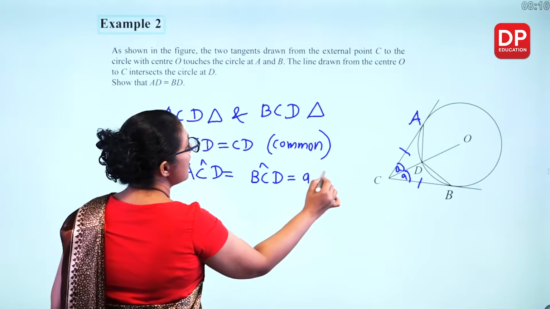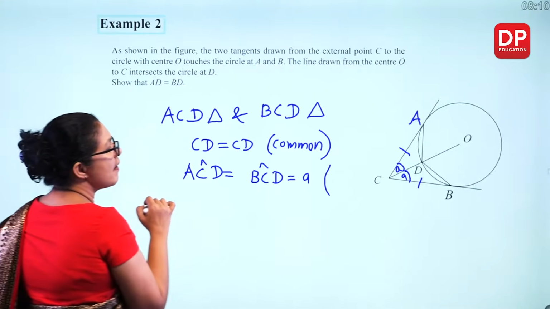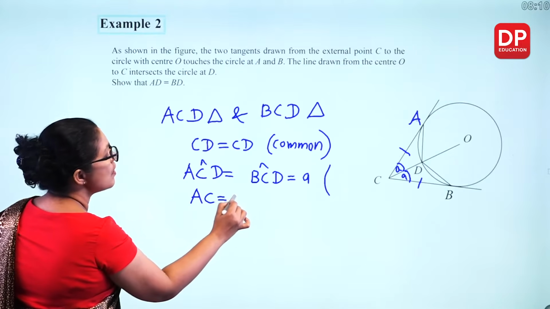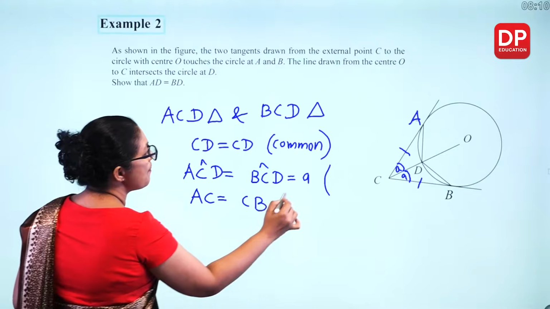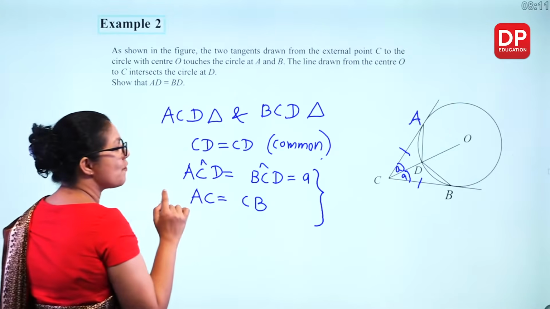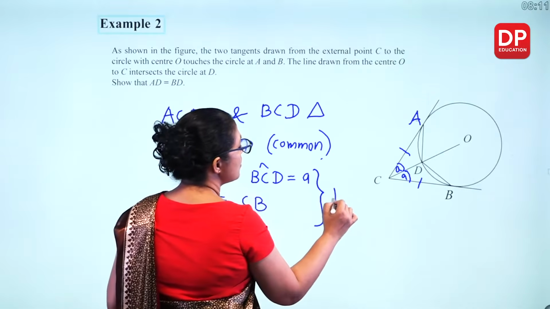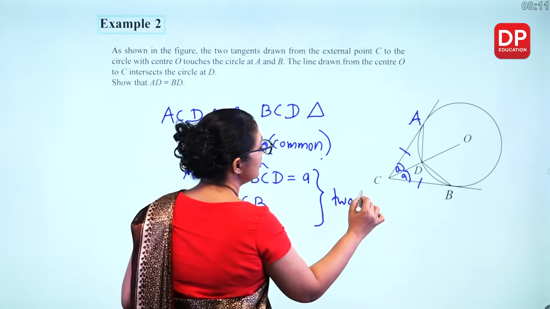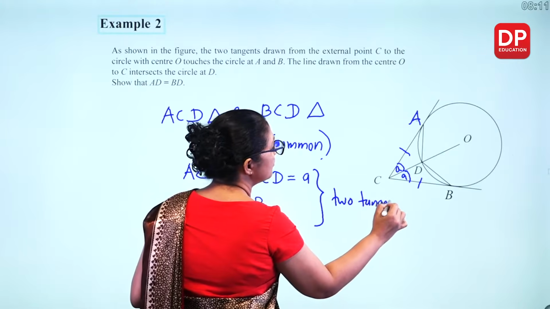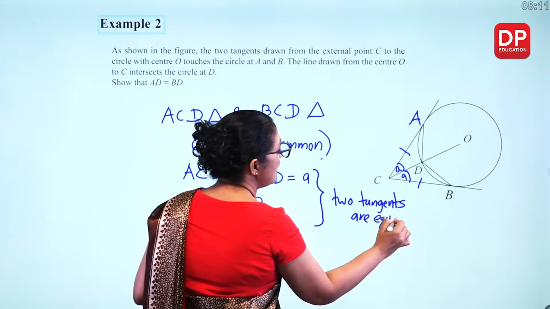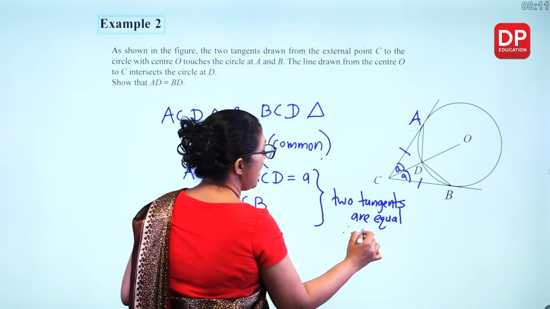That's A. And also I can write down AC is equal to CB. These two because of the theorem. Two tangents are equal.